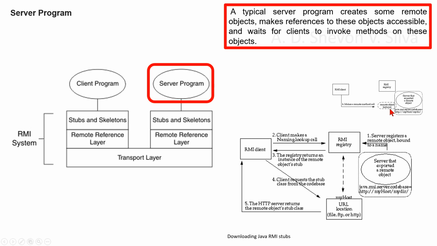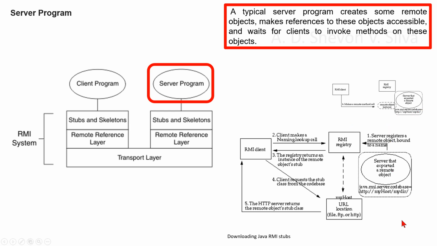So unlike an applet, which uses code base to execute in its local VM, the Java RMI client uses the remote object's code base to execute code in another, potentially remote, VM, as shown here.